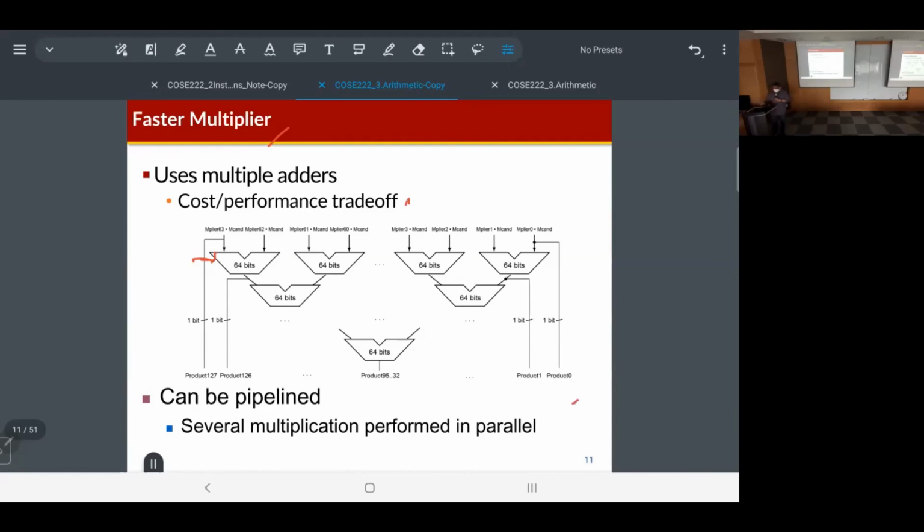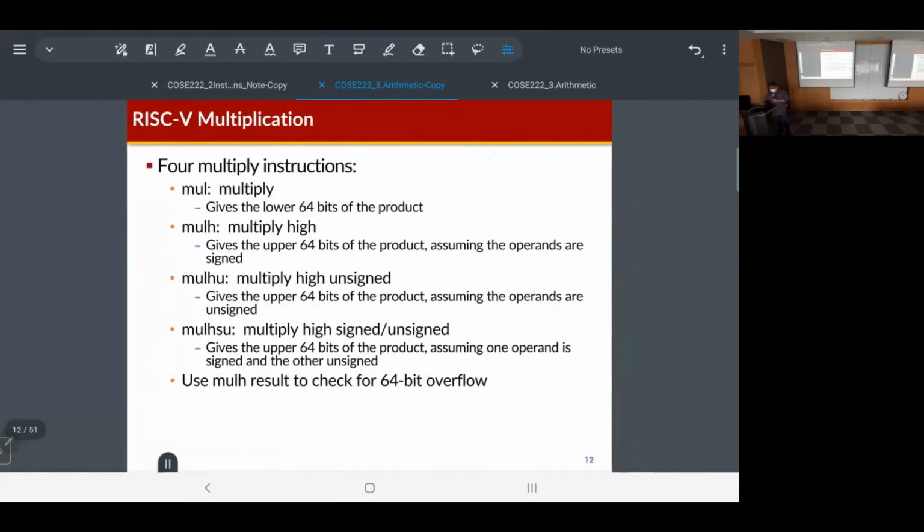Even if we use the best multiplier, the multiplier takes more cycles than adders or subtractors, because we require many adders or many adding steps for the multiplier. And RISC-V also supports the multiplication instructions.